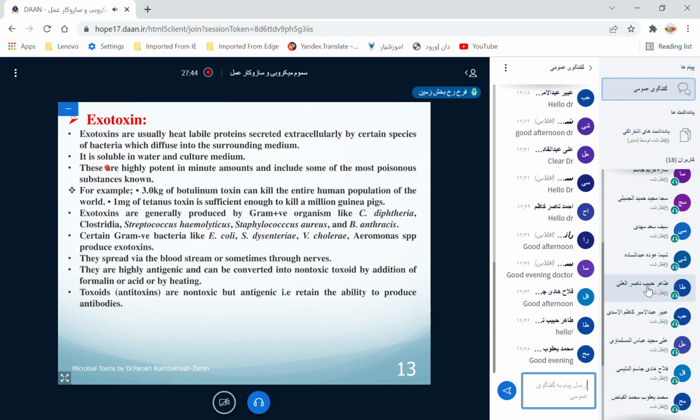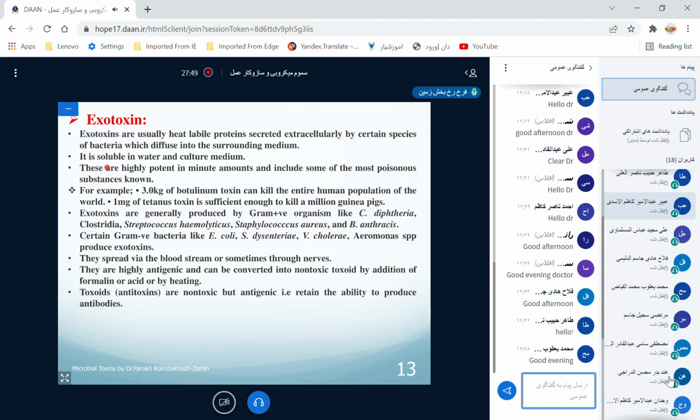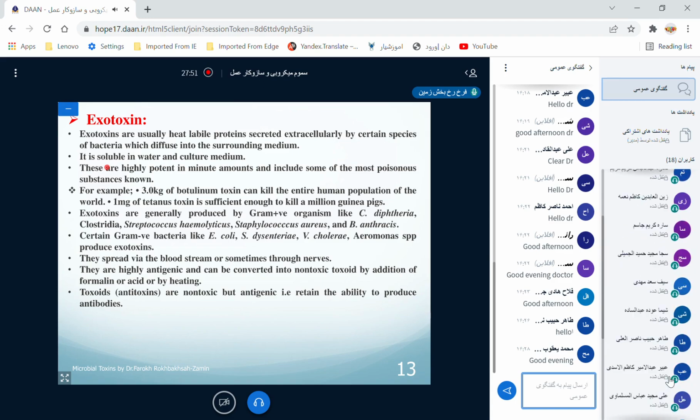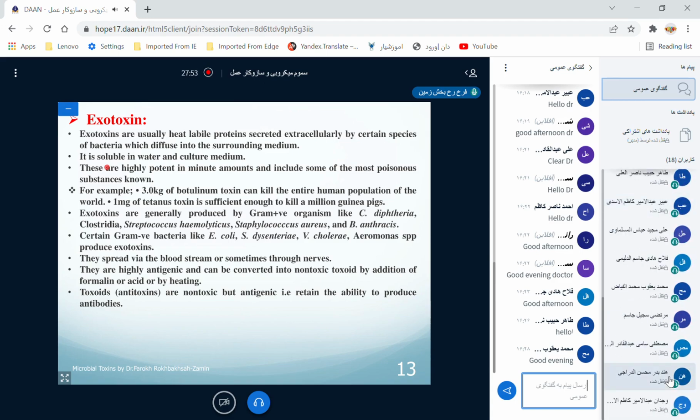It is soluble in water, so hydrophilic. Exotoxins are hydrophilic and can very easily diffuse from one part to another in liquid or solid media.